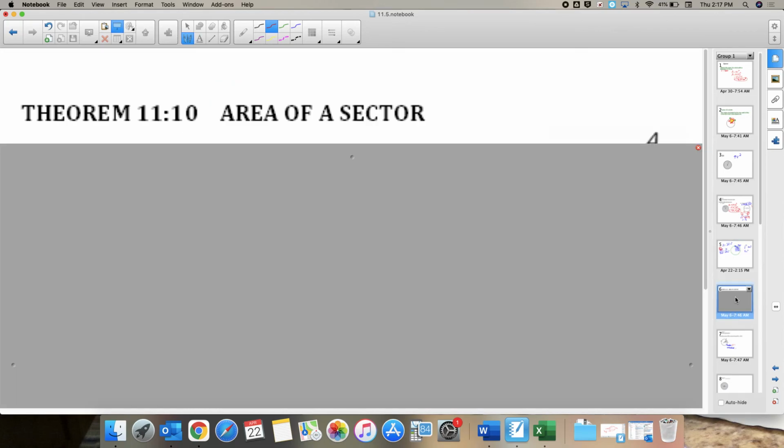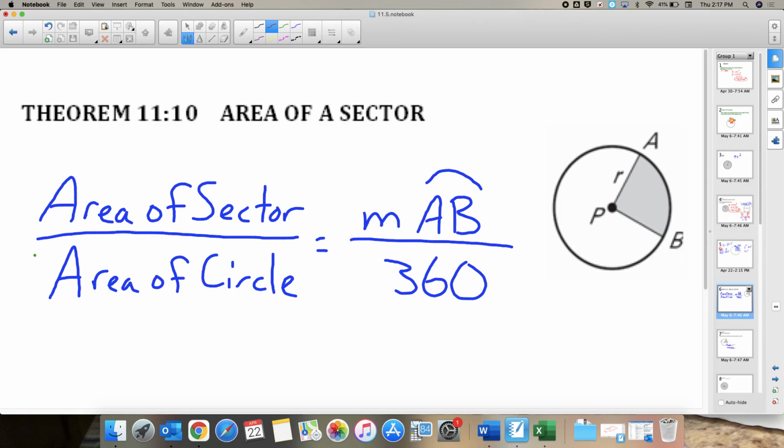So just like yesterday, we're just going to be setting up a proportion that says the area of our sector over the area of our circle will equal the measure of our sector, the measure of that arc there, AD, over 360 degrees. So just like yesterday, 3 unknowns and 1 constant. That 360 will always be there. And then they're going to give you 2 of the 3 pieces and ask you to find the missing one.